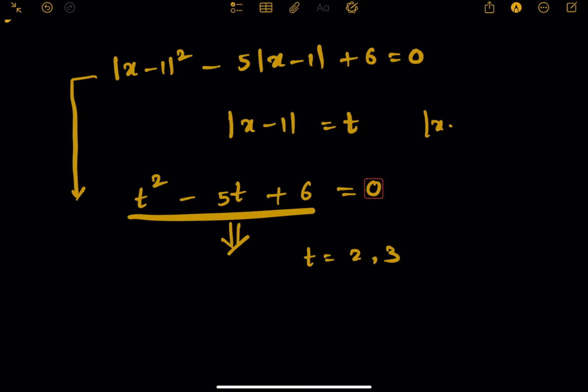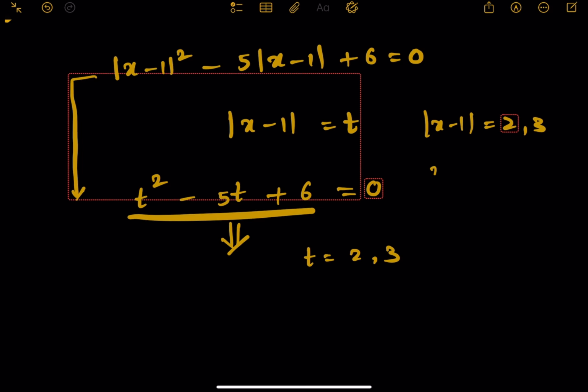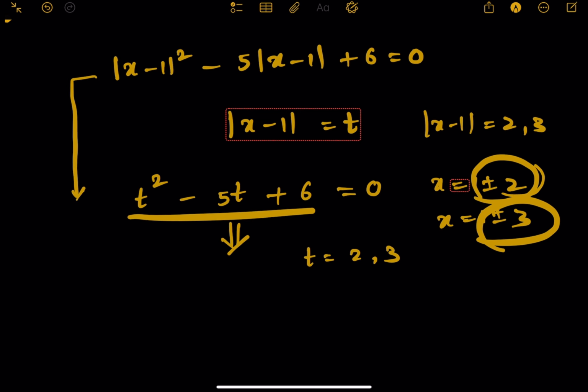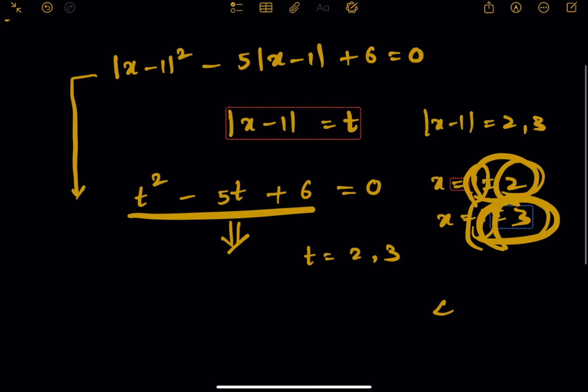So mod x minus 1 is equal to 2 or 3. So x is 1 plus or minus 2 or 1 plus or minus 3. When you add all the values of x, plus 2 and minus 2 get cancelled, so you have 2 here. Plus 3 and minus 3 get cancelled, so you have another 2 here. So the answer will be 4.